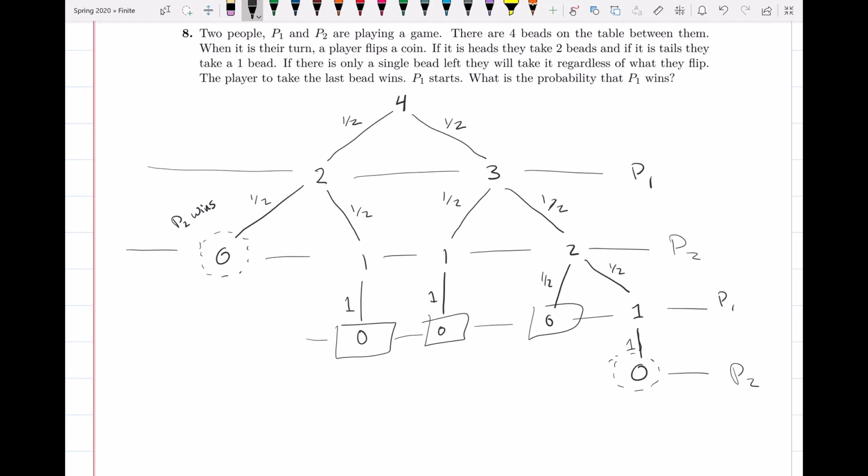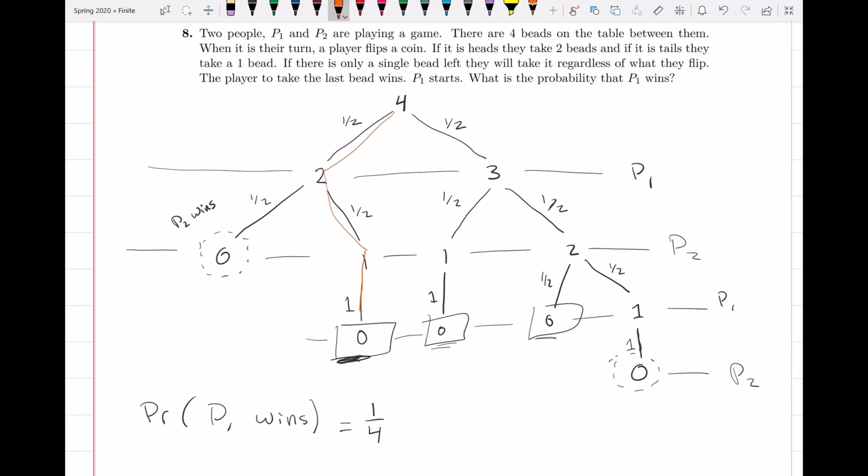Alright, so now the probability that player 1 wins is the probability of any of these 3 win conditions happening. So the probability of this one is 1/2 times 1/2 times 1, so that just equals 1/4.